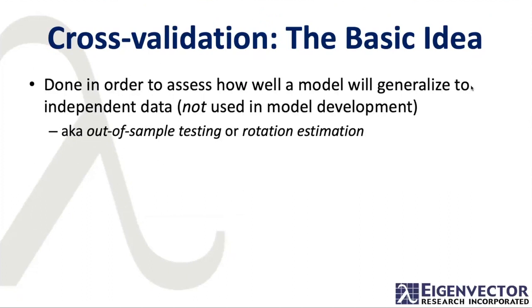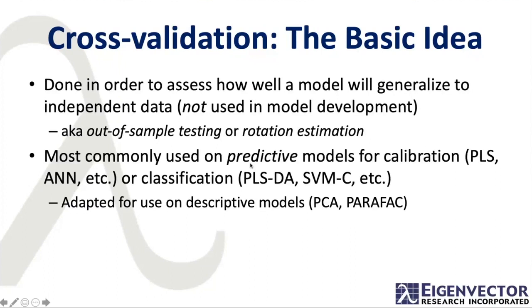It has a couple of other names. Sometimes it's known as out-of-sample testing or rotation estimation. It's most commonly used on predictive models for calibration or classification.